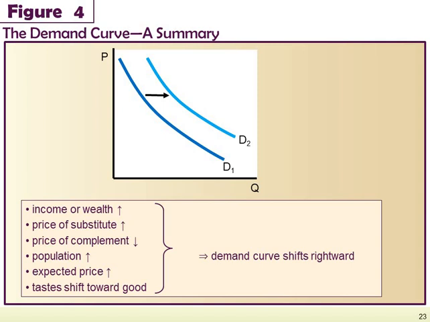Ngayon pa lang, magkakaroon ka na ng demand or tataas na yung demand mo. Why? Because you don't want to experience to pay more. Okay? Next, taste shift toward good. So again, depende po yan sa magiging preferences natin or taste natin. Okay? Whatever the changes may be, okay, the demand will definitely shift to the right.